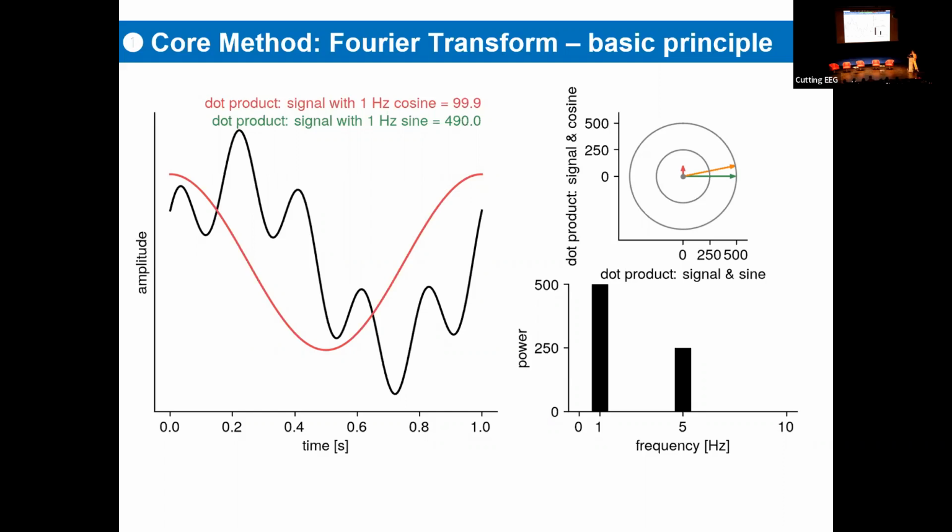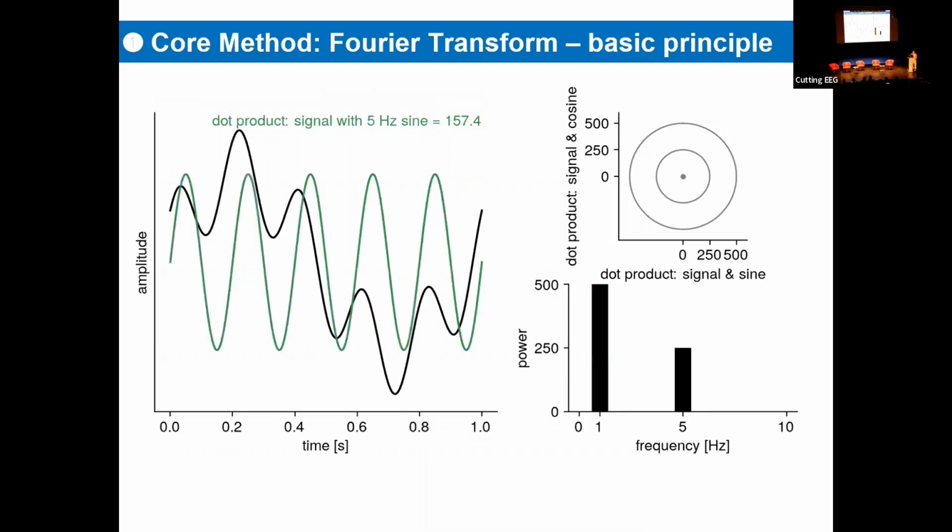So we measure the length of this little orange arrow that I plotted here. And this length of the arrow will give us the coefficient, so how well the 1 hertz sinusoid captured our signal.